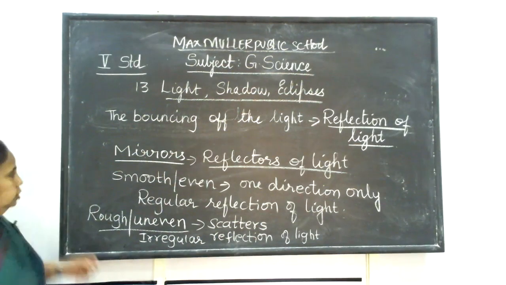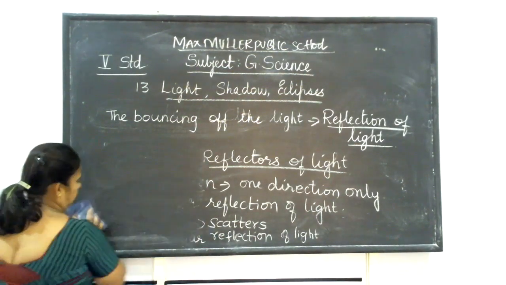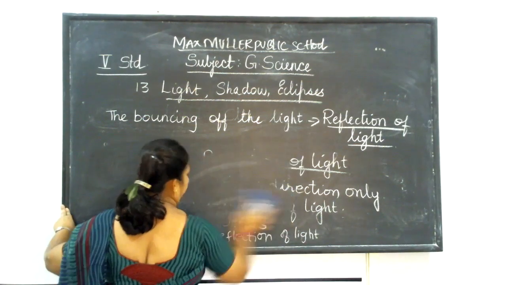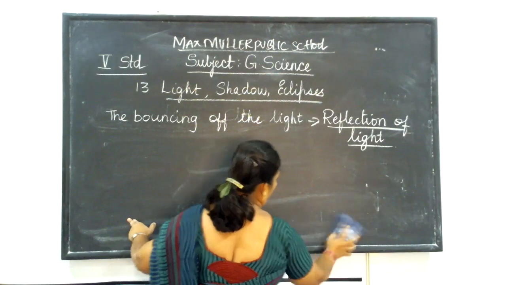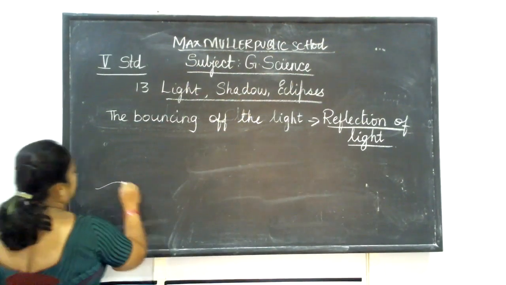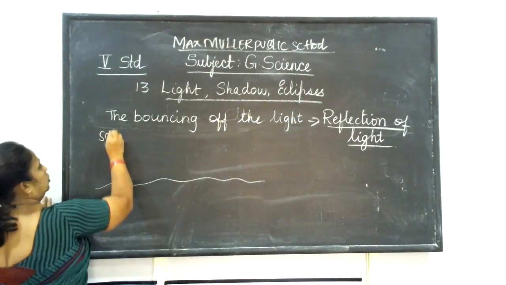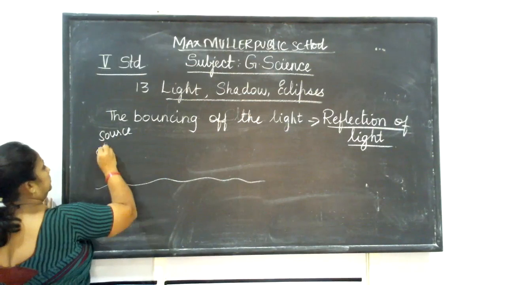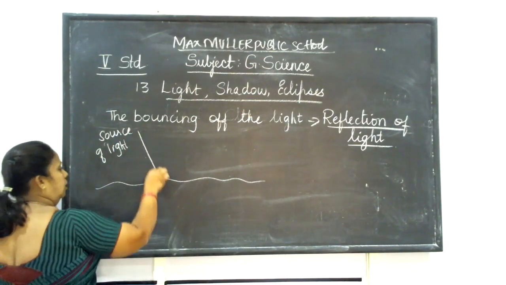Understood? So through the diagram, we will show how there is regular reflection or irregular reflection of light. When the surface is uneven, here you have a source of light, which may be a torch, candle, or the sun's light.